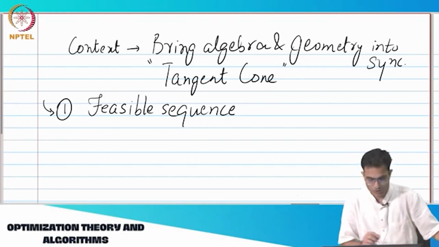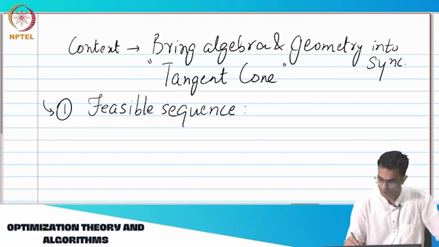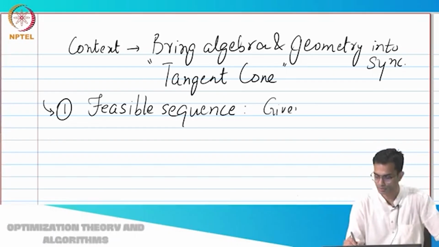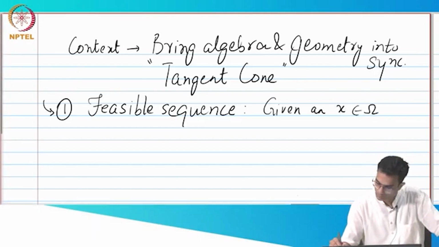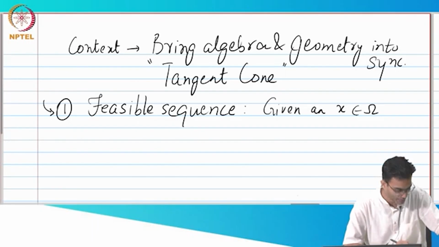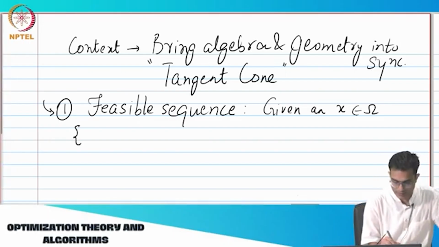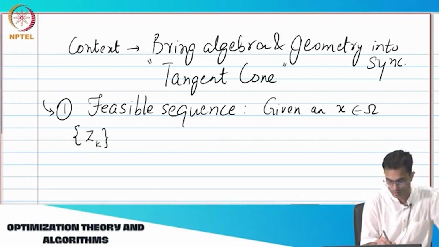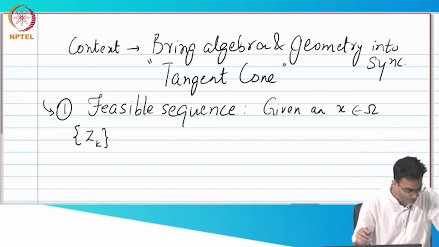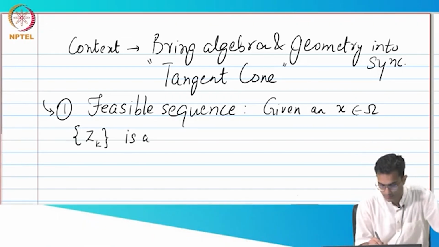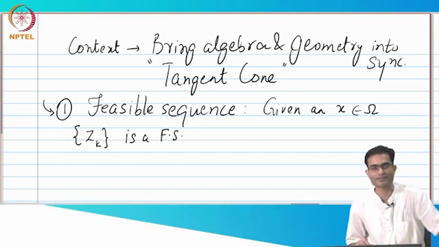The way I define it is, I take a point x which belongs to the feasible set to start with. Remember, a sequence I denote with curly brackets. This is a feasible sequence, FS for short.